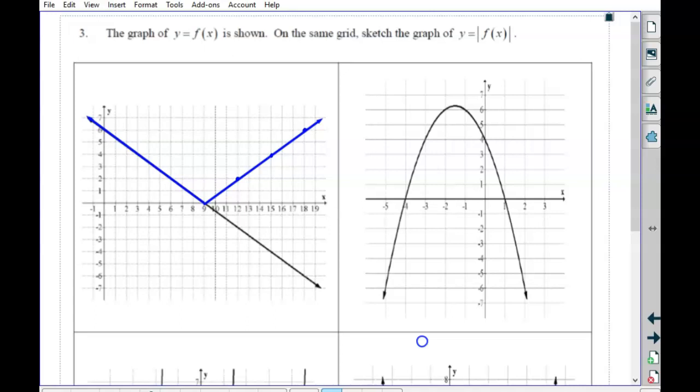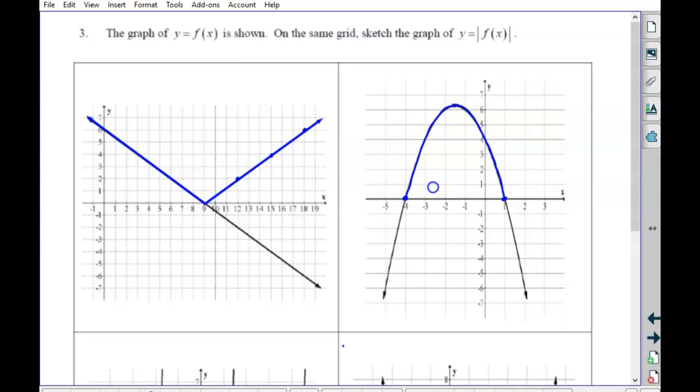Next one's a parabola opening down. Anything above the x-axis, remember, stays the same. So the x-intercepts stay the same, and the part that includes the vertex stays the same. Anything below does not stay the same, it reflects.